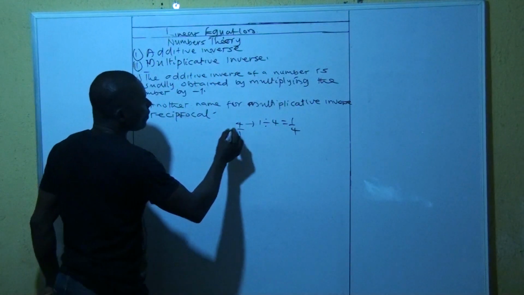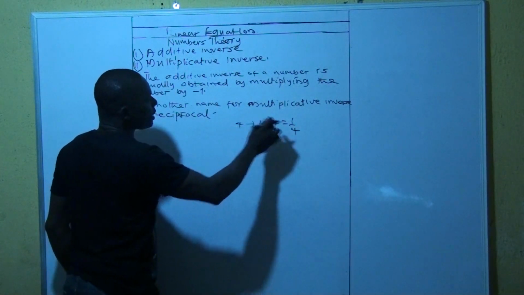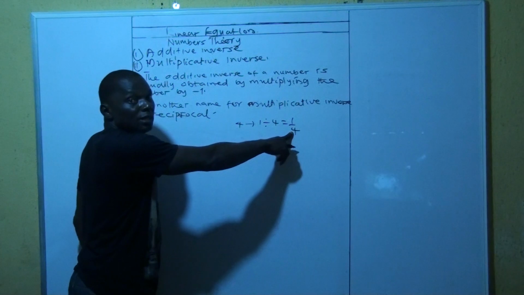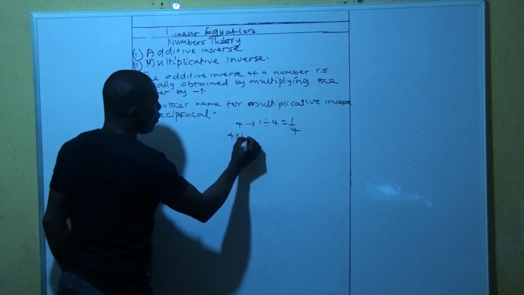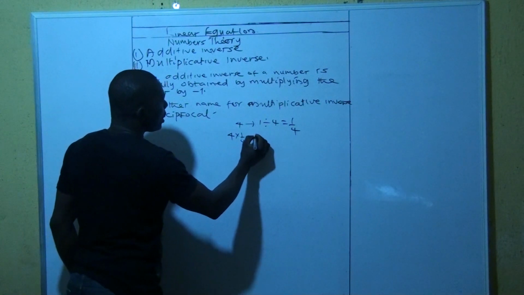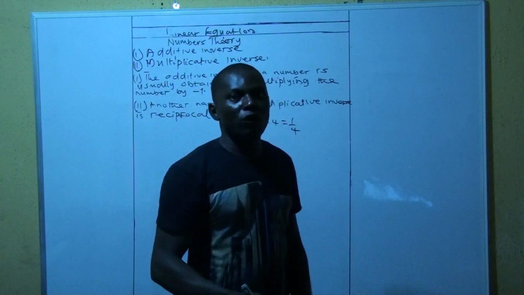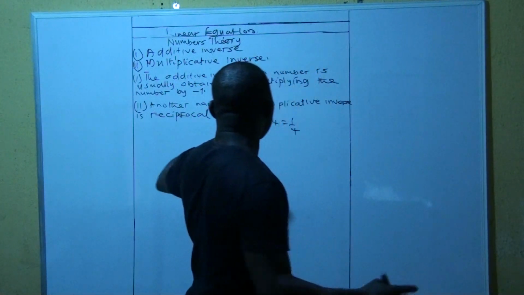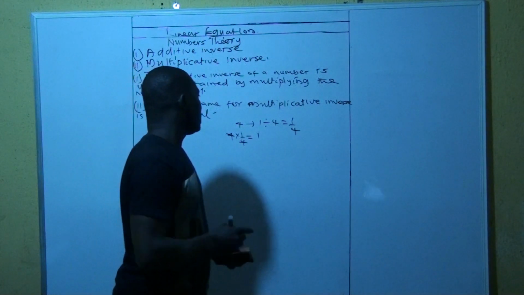So if we have 4 as a number, and the reciprocal is 1 over 4, let's look for the product. Product means times. 4 times 1 over 4 will give us 1. So that's one of the properties of reciprocal or multiplicative inverse. Is that understood?